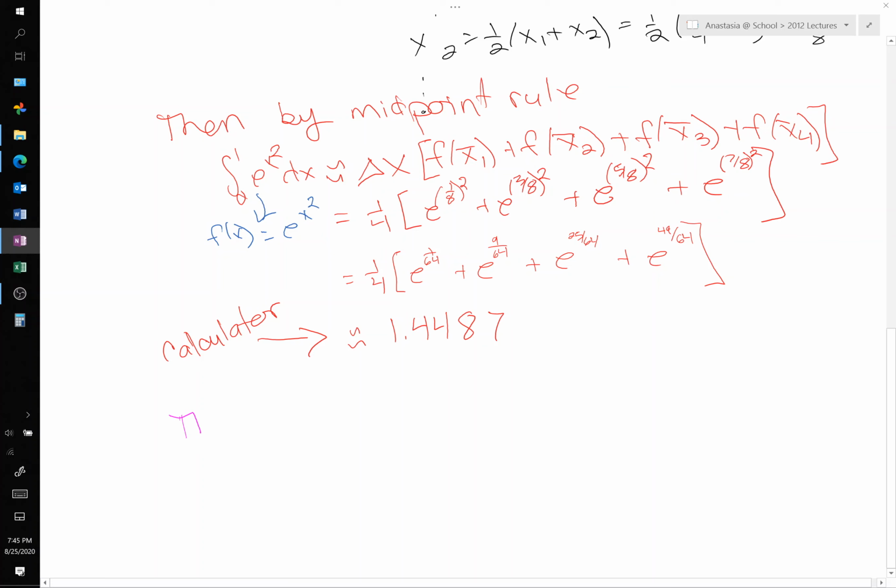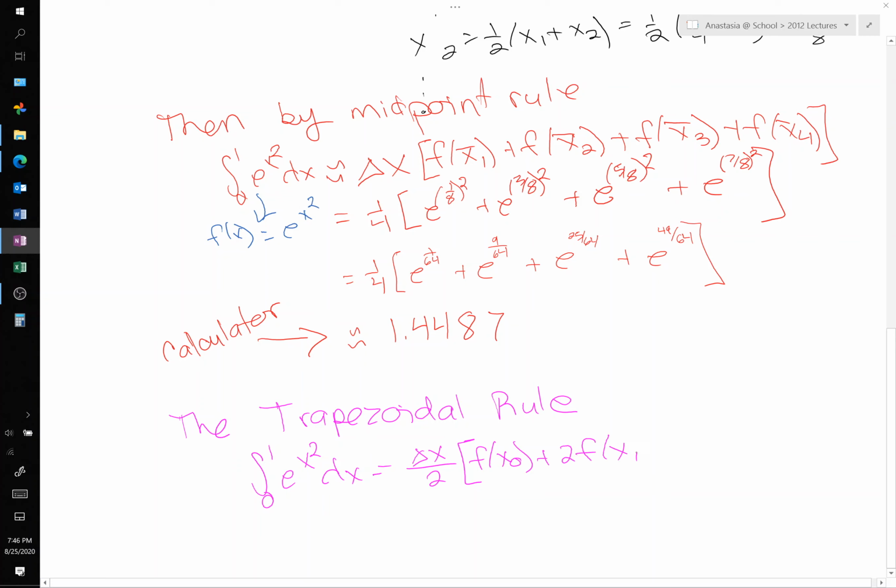Then, if we use the trapezoidal rule, the integral from 0 to 1 of e to the x squared dx will equal delta x over 2 times f of x0 plus 2 f of x1 plus 2 f of x2 plus 2 f of x3 plus f of x4.